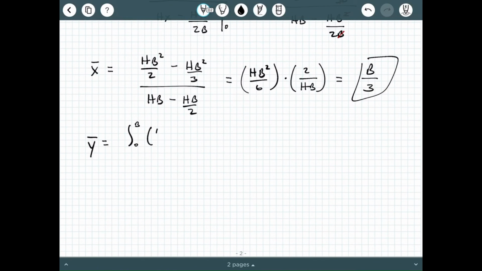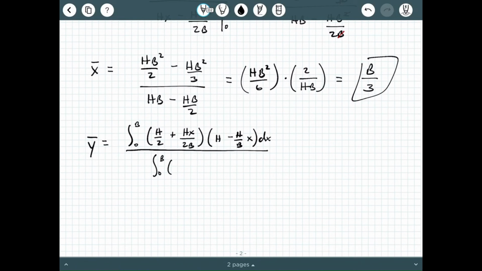So my y tilde is going to be h over 2 plus hx over 2b, and then my dA comes from H minus h over b x dx, all divided by integral 0 to b of H minus h over b x dx. And I would FOIL this out before you take the integral, before integrating.